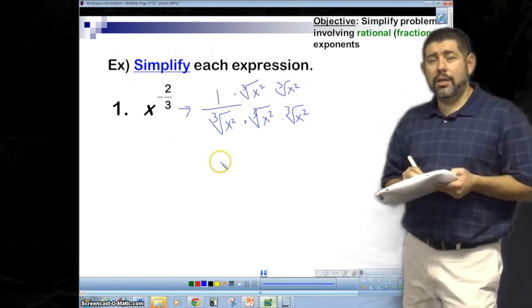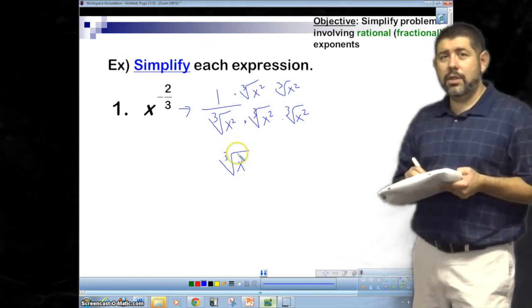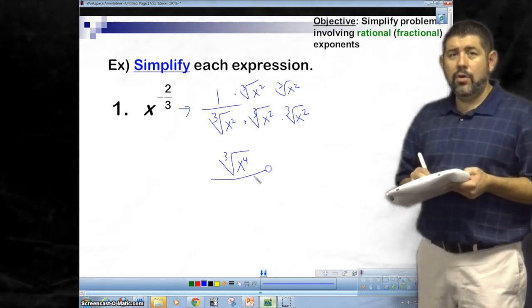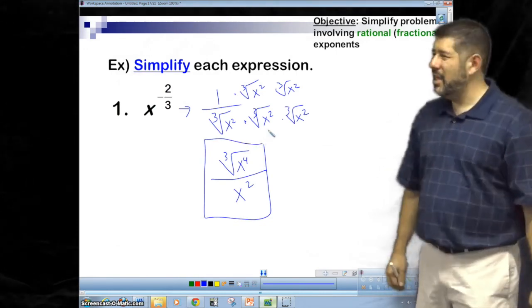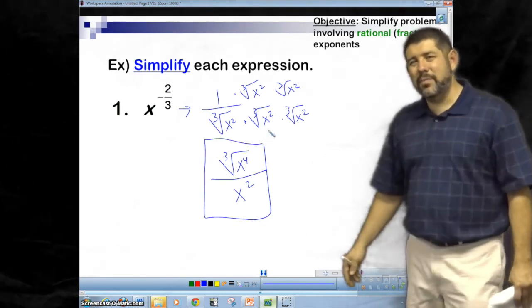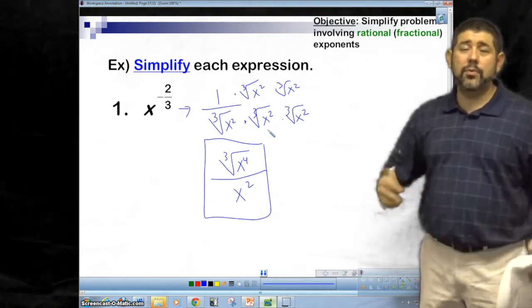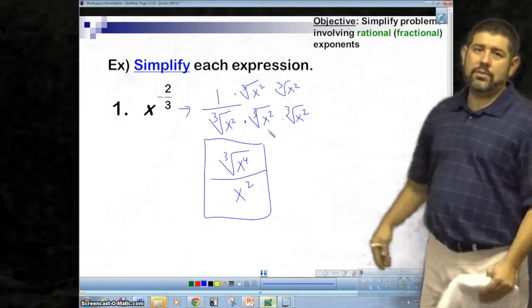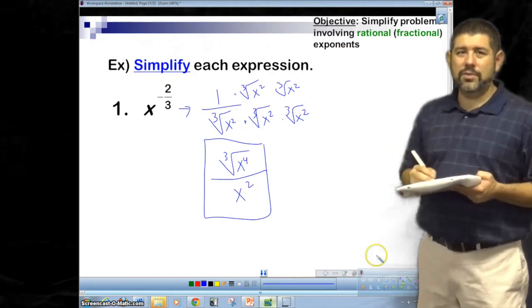Okay, and so we're going to end up with the cube root of x squared times x squared, so x to the 4th, over x squared. Now that's kind of a silly simplifying, to be honest. I actually like x to the negative 2/3 better because it's more useful when we deal with stuff than this case, okay? So I really don't like that, to be honest. I like the x to the negative 2/3.